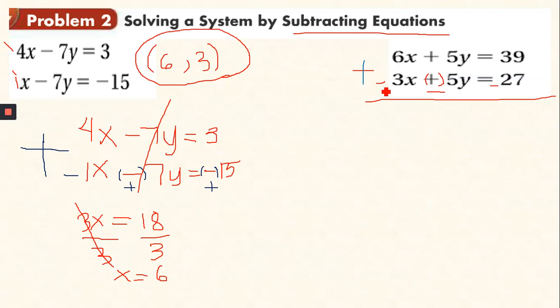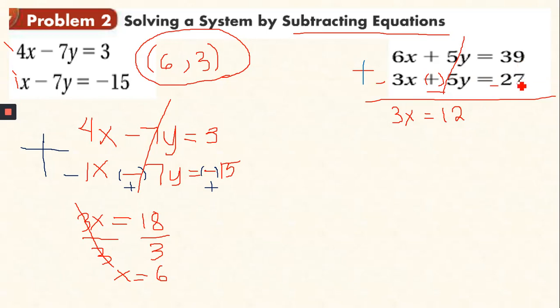So 6x plus negative 3x, that is equal to 3x. And 5y plus negative 5y, that will be 0. We already eliminated your variable y. Is equal to 39 plus negative 27, that is equal to positive 12.